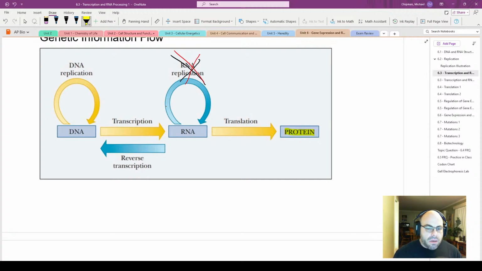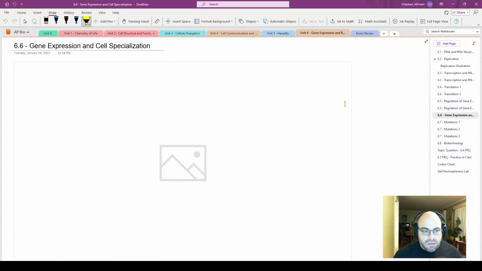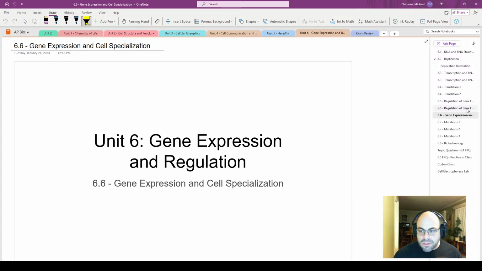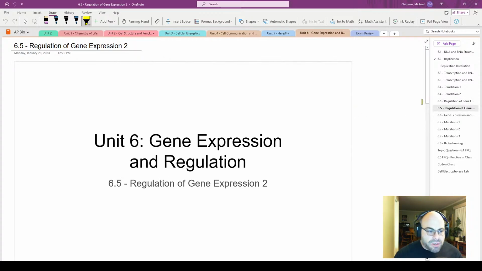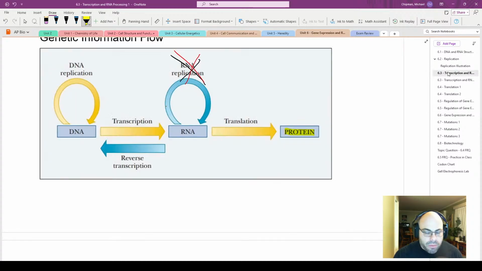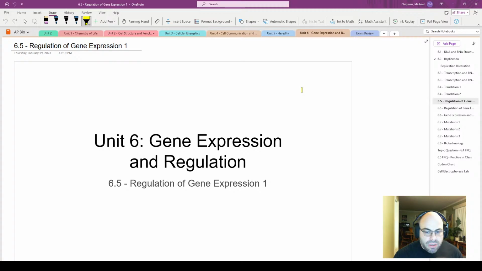And so if you're regulating gene expression, which is something, what is this? Gene expression and cell specialization, regulation of gene expression. All of this concept has to do with the regulation of the production of that protein, 100%, right? And so if I'm regulating gene expression, then I am regulating the production of a protein.